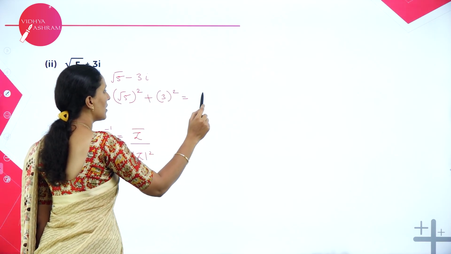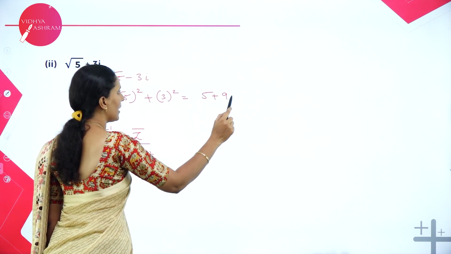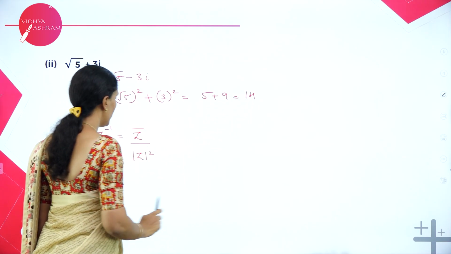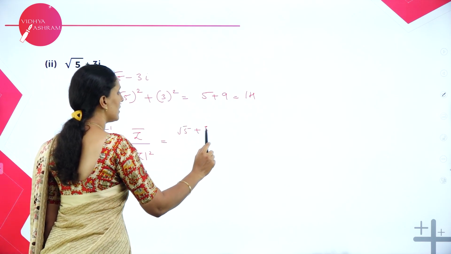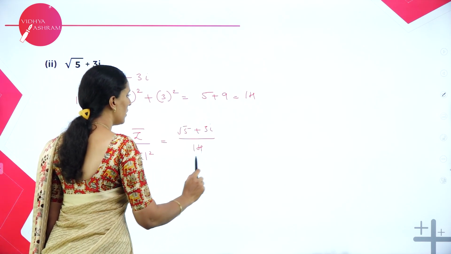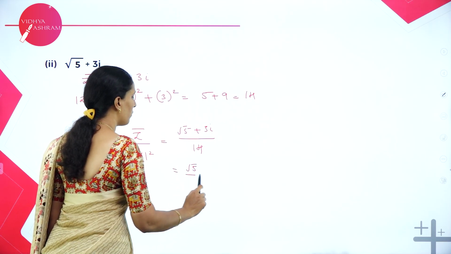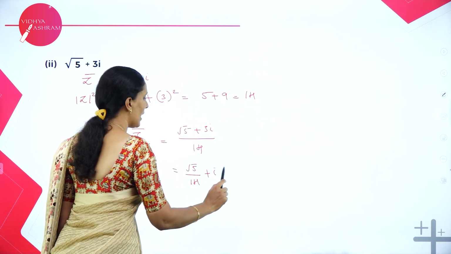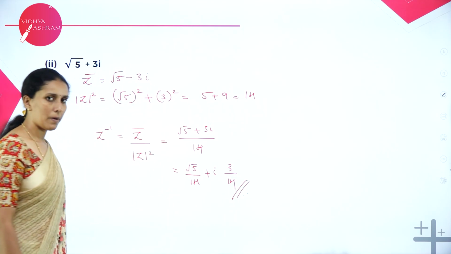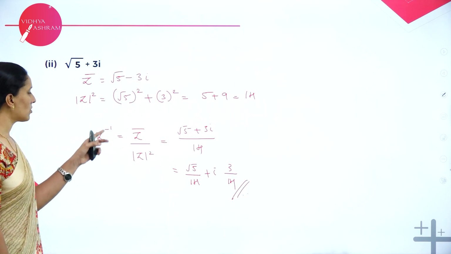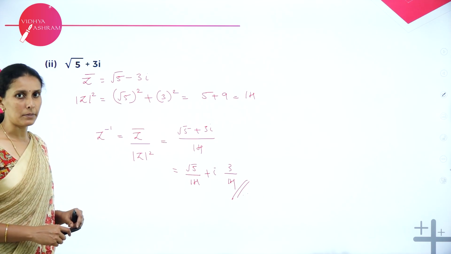You will get 5 plus 9, whose value is 14. So therefore it is root 5 plus 3i divided by 14, which can be written as root 5 by 14 plus i 3 by 14. Separate the real and imaginary part. So that is your inverse of the given complex number.